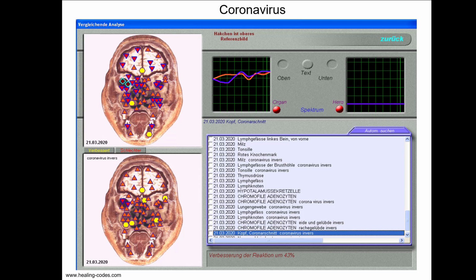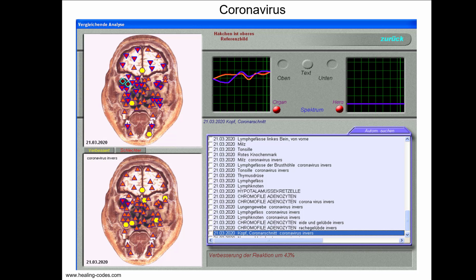The lower picture shows how much better the energetic result would be if the corresponding information of the coronavirus was not available. This statement is therefore to be understood purely diagnostically and not as a therapy. The numerical value of 43% can be seen in the lower right picture.